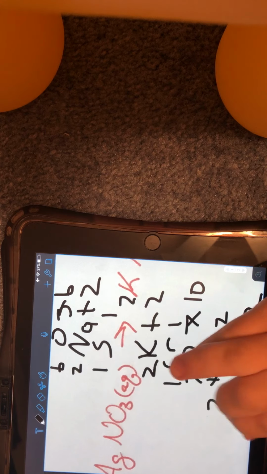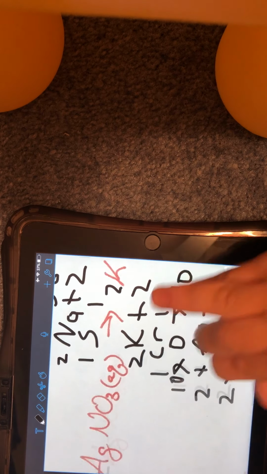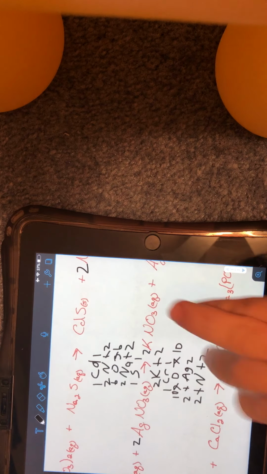So we're gonna go over here and put a nice 2 again because we need it to form 10, and that's going to change the Ag to a 2. Look at that, and that's going to balance out. And that's going to have the O form a 10 because 2 times 3 is 6, plus the 4 is a 10, and that's going to change the N to a 2. And boom, there is the balanced equation.